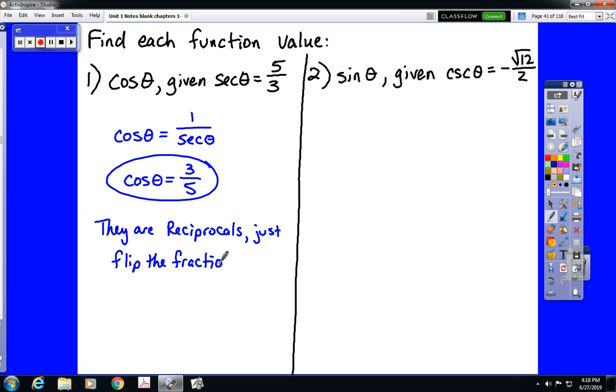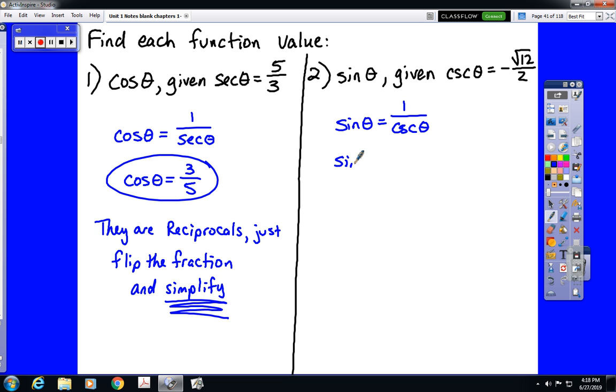But keep in mind that you might have to simplify. There are a couple of things that can come up that could cause us a problem. So for instance, find the sine given that the cosecant is negative root 12 over 2. Well, the sine is the reciprocal of the cosecant.